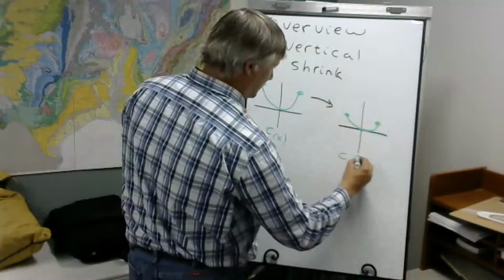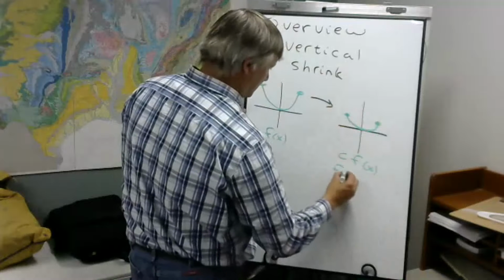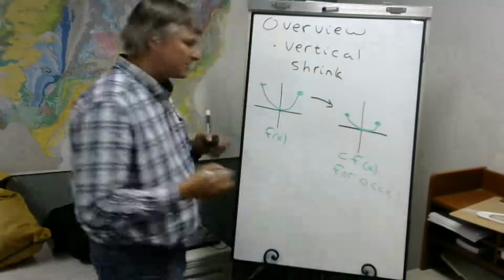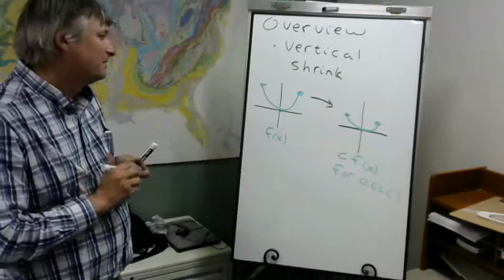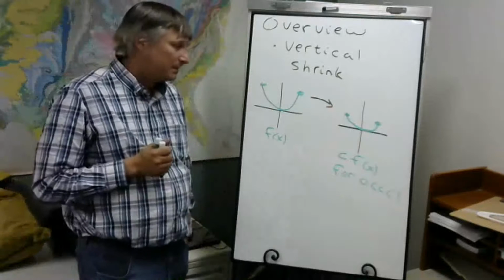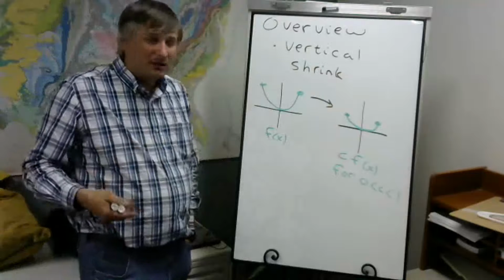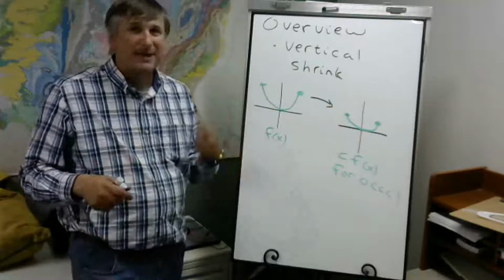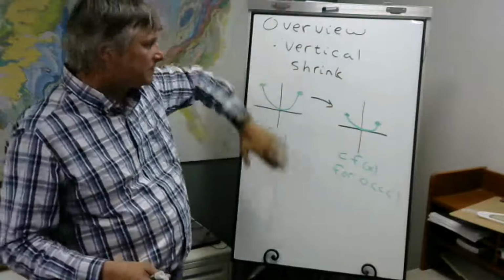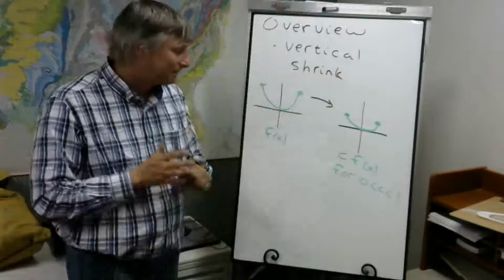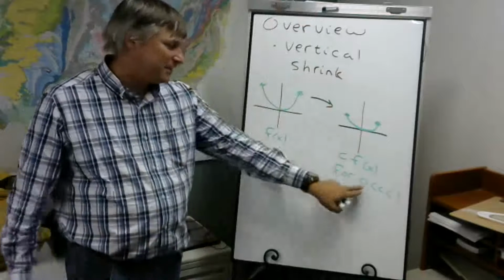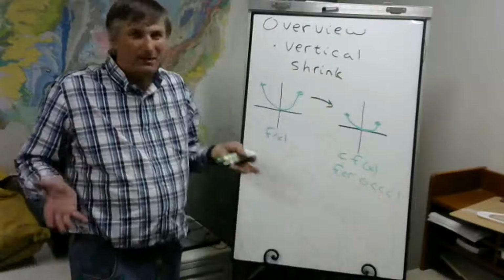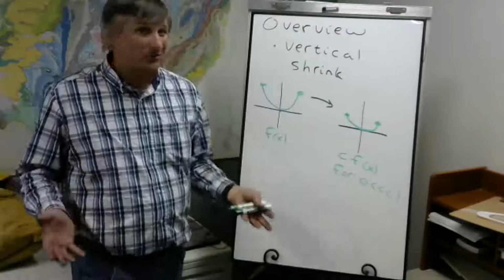And we have c times f of x, with c being some kind of fractional or decimal value between 0 and 1. Now, we don't want to make c negative, because if you make c negative, you're going to have a shrink or a stretch, but then that negative sign is going to give you a reflection across the x-axis. And if c is 0, well, that just eliminates the function. If c is 1, well, 1 times the function is just itself. There's no actual change.